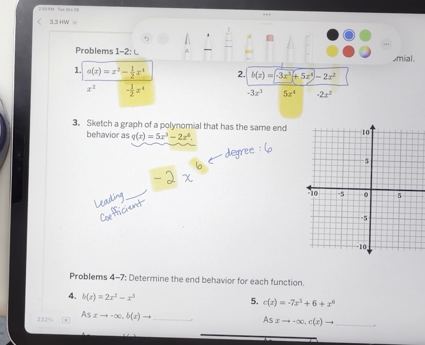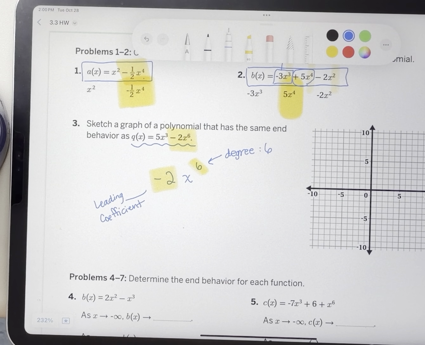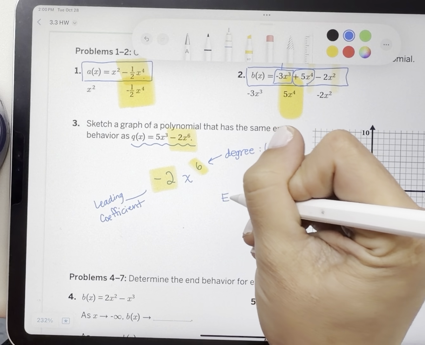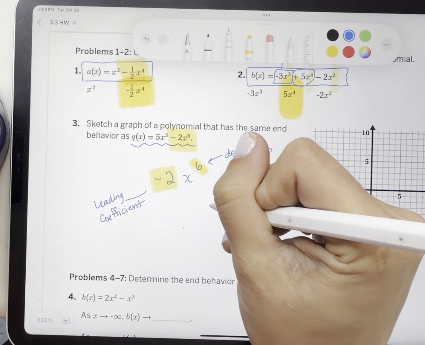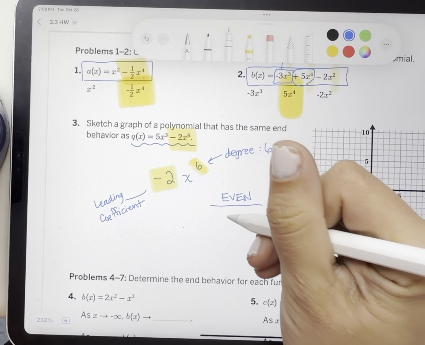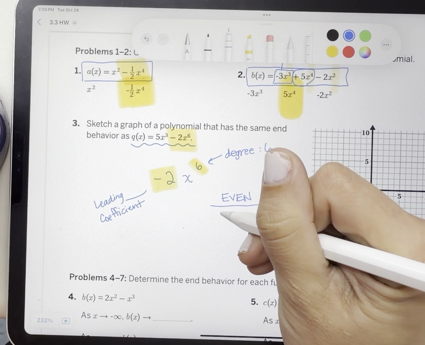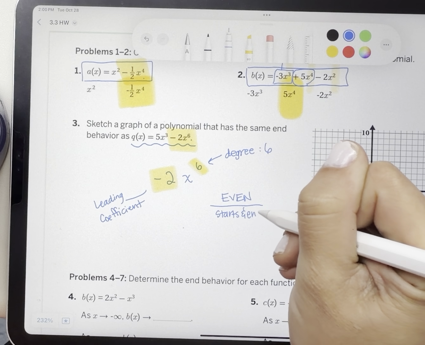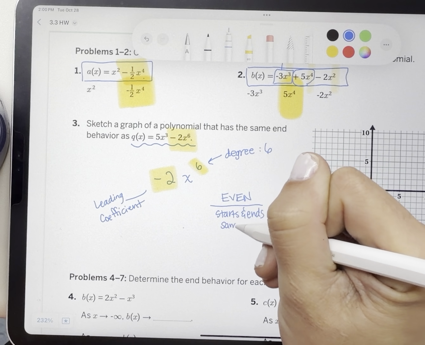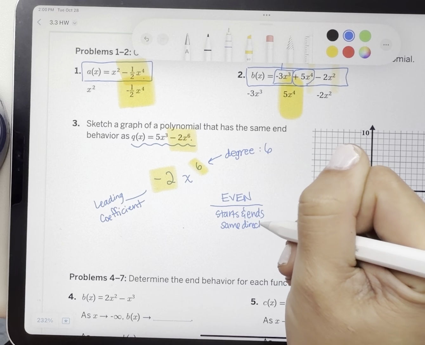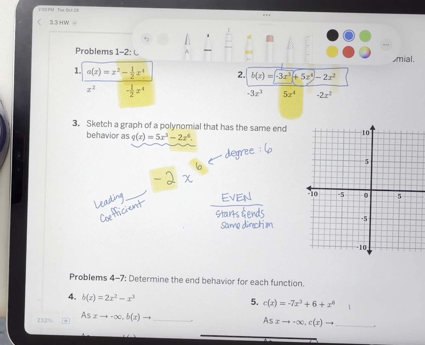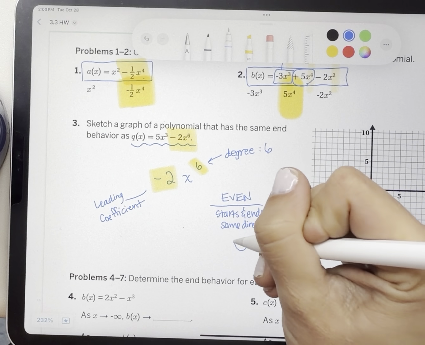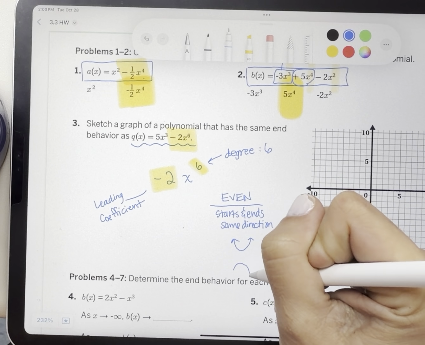These 2 things determine everything I need to know. Check it out. A degree that's even tells me that my graph starts and ends in the same direction. It doesn't tell me which direction, but it tells me it starts and ends the same way. That means it's either up and up or it's down and down.